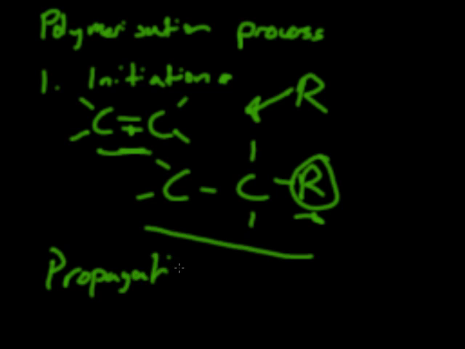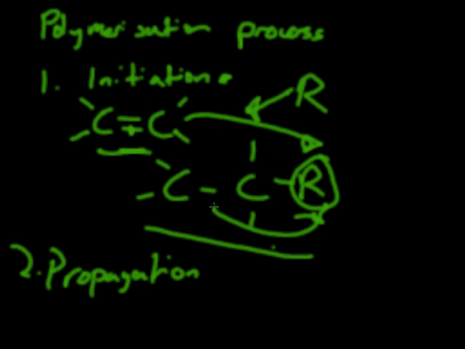Step 2 is propagation. What it does is it brings in another one of these. So the free radical brings in another one, and then it swaps itself out of the whole equation. Or rather, basically it attracts in a molecule and then jumps onto the other end.